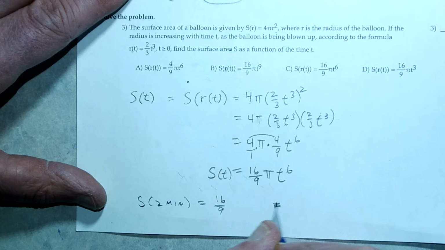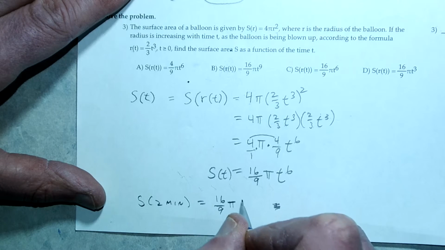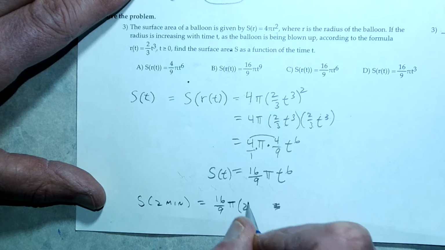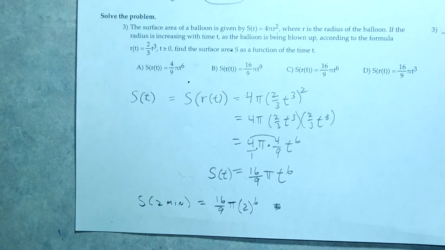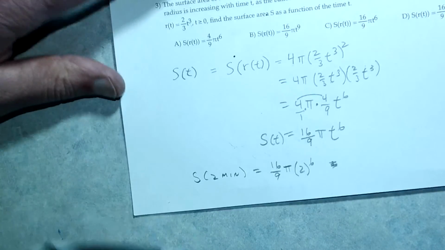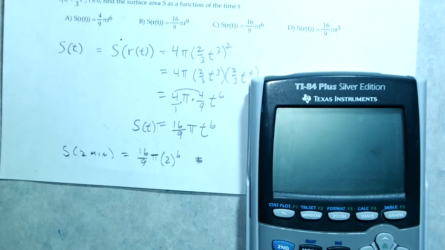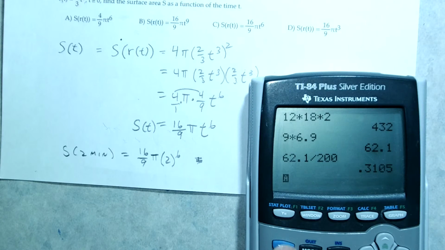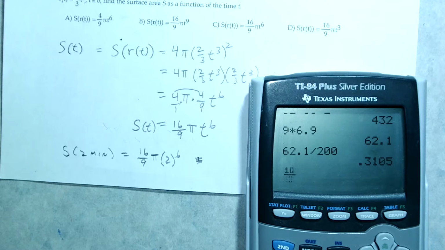That's just a page number, by the way, so I'm going to get rid of that. And this would be times pi times 2 raised to the 6th power. I would get my calculator out, and let me just go ahead and do that. I think I'll use my fraction feature right here. I'll go alpha y equals, and I'll put the 16, put the 9 in the bottom. I right arrow to escape the fraction.